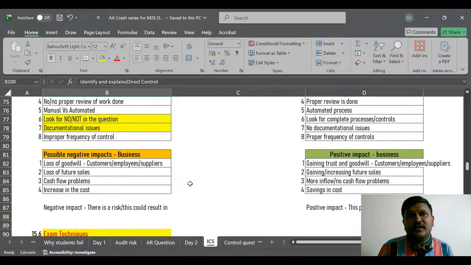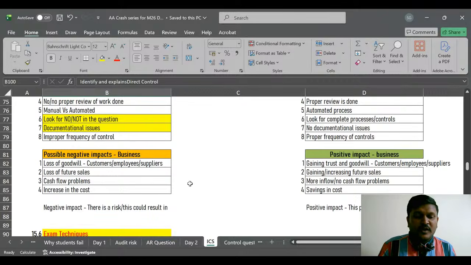If you mention that it could result in an overstatement or understatement of something, that will lead you towards an audit response related question. That is why we are deliberately avoiding the words understatement and overstatement. We are considering the possible negative impact on the business.